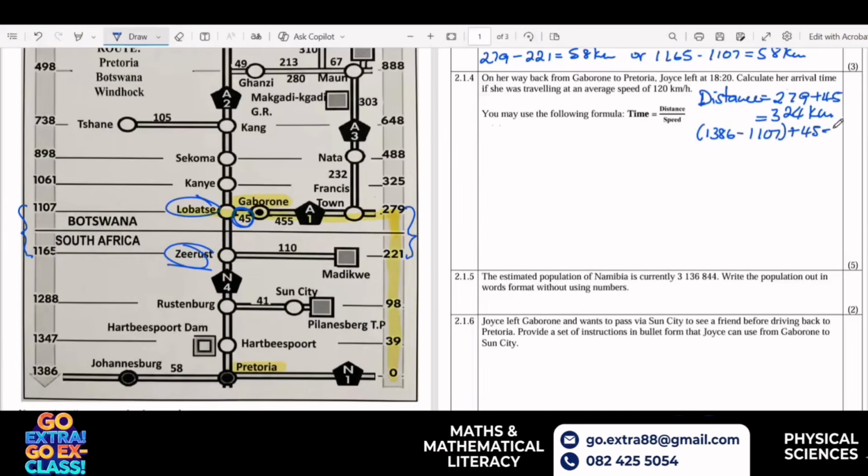Therefore, you still get 324 kilometers. So the distance is still the same.